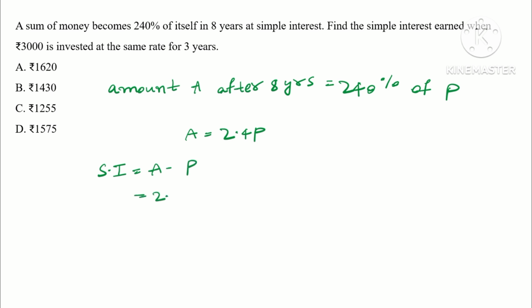Amount is 2.4 P minus P. So simple interest is 1.4 P.